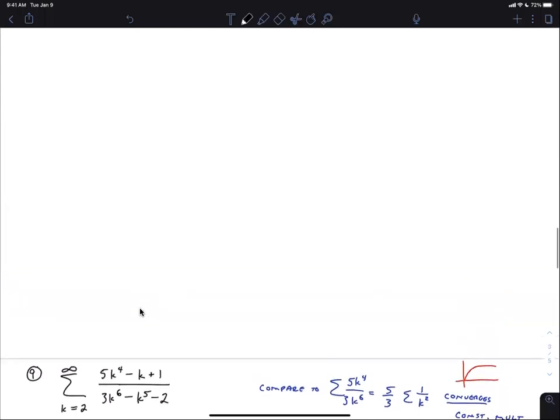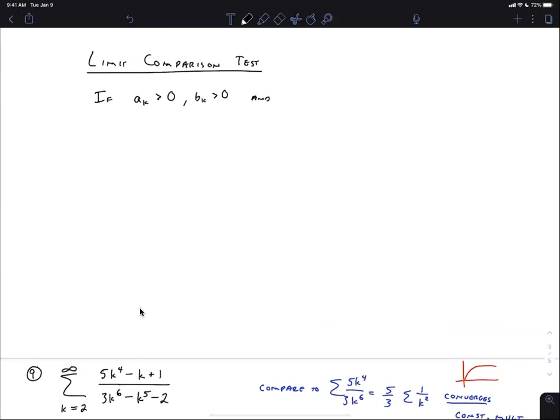So you say, okay, the limit comparison test says that if AK is greater than 0, BK is greater than 0, and the limit as K approaches infinity of AK divided by BK is some number that is positive.